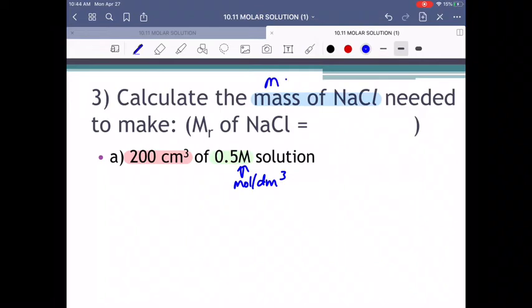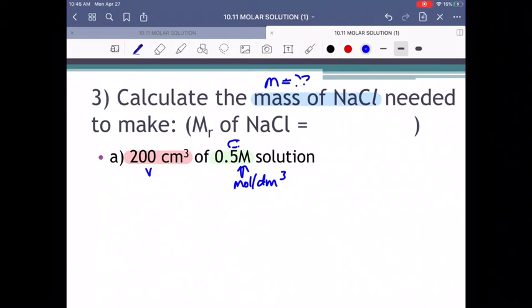Mass is small m, question mark, you have no idea what the value is. Volume is the 200 cm³. This one, 0.5 molar, is your concentration.